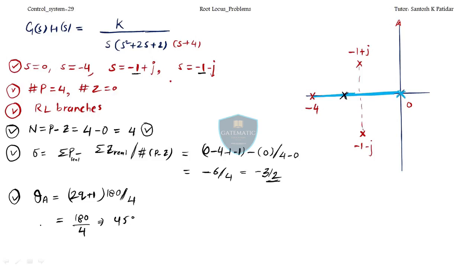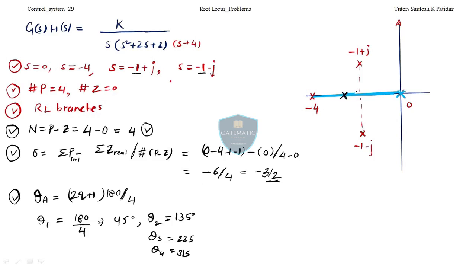This is the first one, let's take it phi 1. Then you will calculate phi 2, phi 3, and phi 4. Phi 2 will be 135 degrees, phi 3 will be 225, and phi 4 will be 315. You can easily calculate this one.